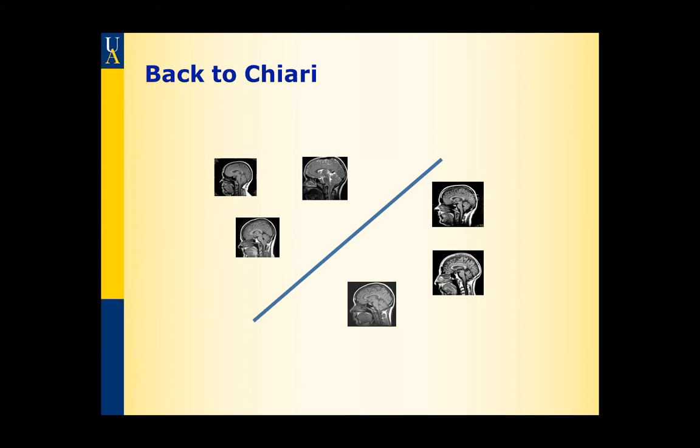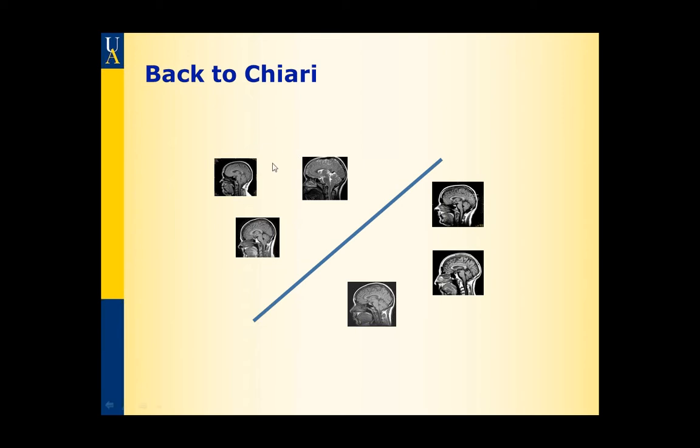But then let's go back to Chiari. The idea is that now we want to differentiate, let's say, healthy patients from Chiari patients. Somehow we could just take the whole image and try to differentiate, but that's a lot of data.